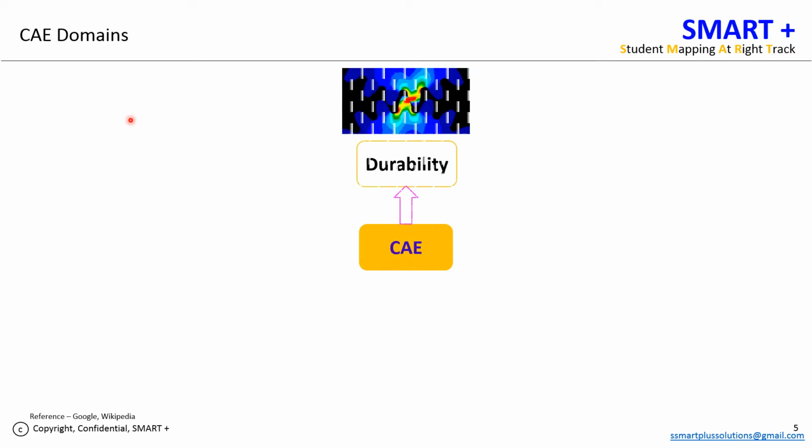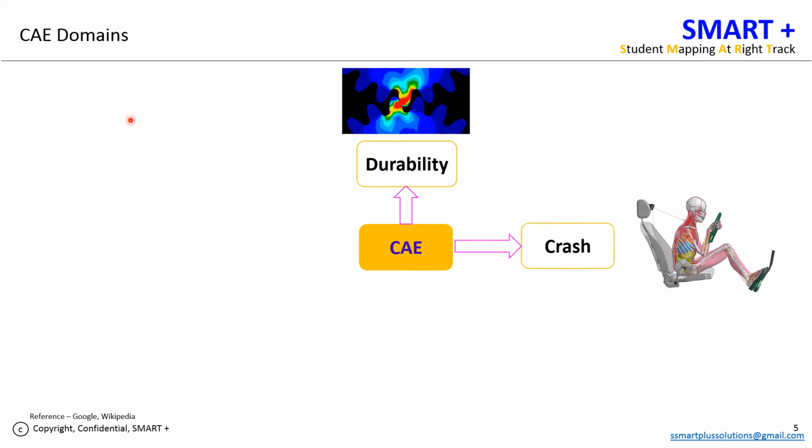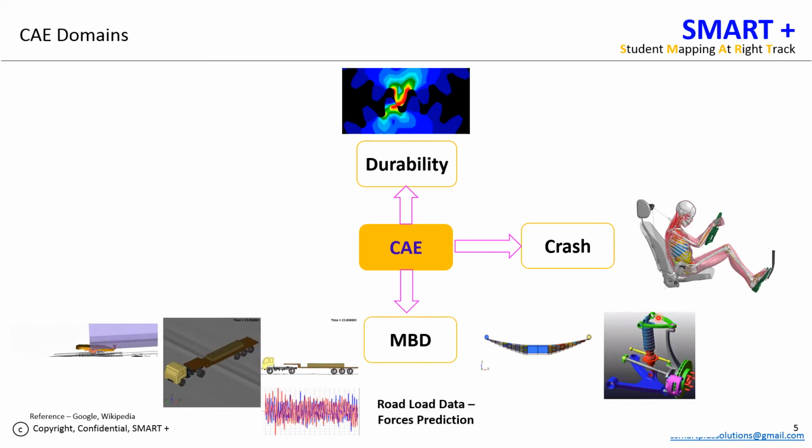So let's see what the different CAE domains are. First is durability, in which the strength of a component is checked. It is nothing but the ability of a component to sustain loads on it. Then the second one is crash. In crash, different crash tests of the vehicle, such as a frontal impact crash or a side impact crash, are done to check the safety of a passenger against life-threatening accidents.